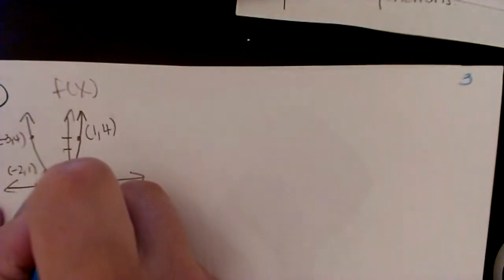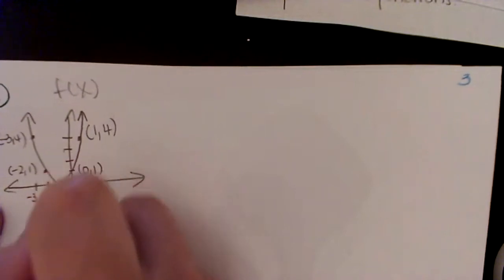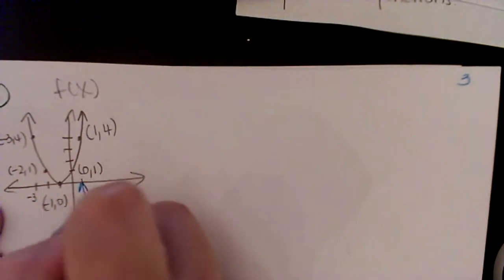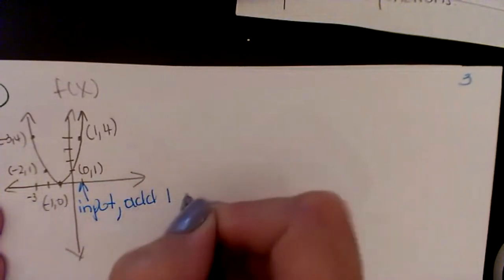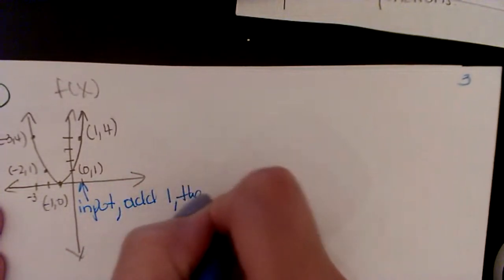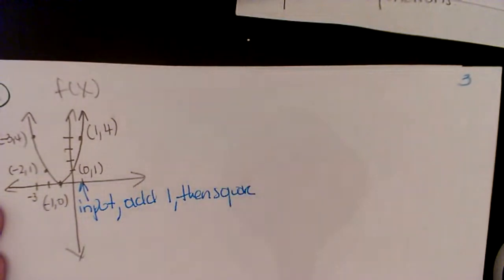If we look at this, the input, and then we add 1 and then a square. So what is this for?